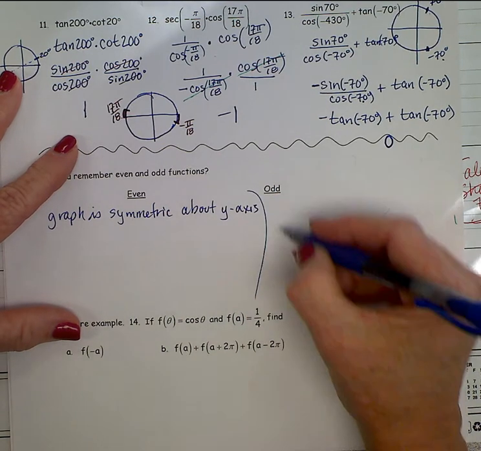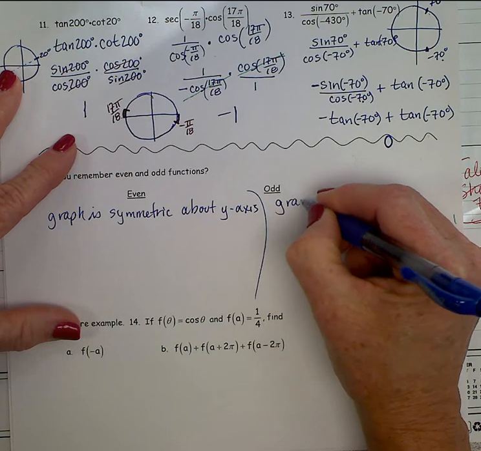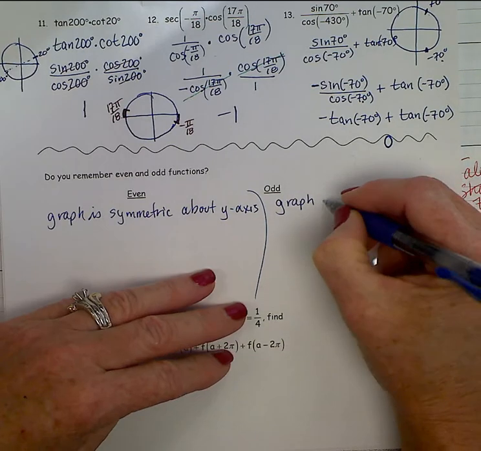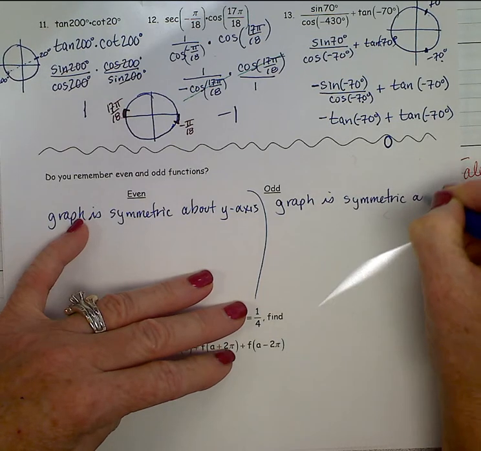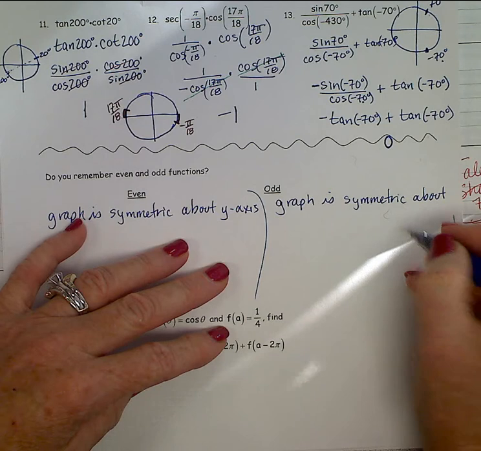And an odd function is where the graph is symmetric about the origin.